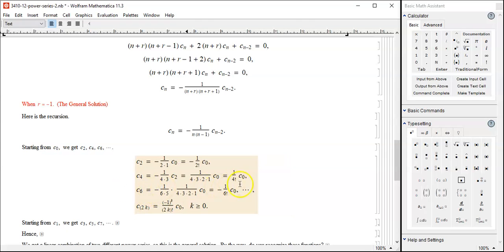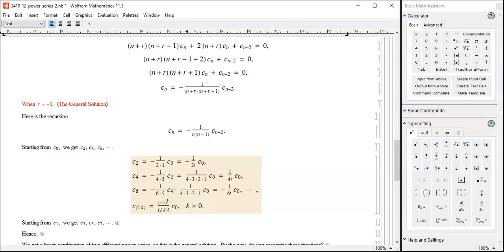And that's C6. And 6 times 5 times C4. No, I'll take an extra step. Times C4.